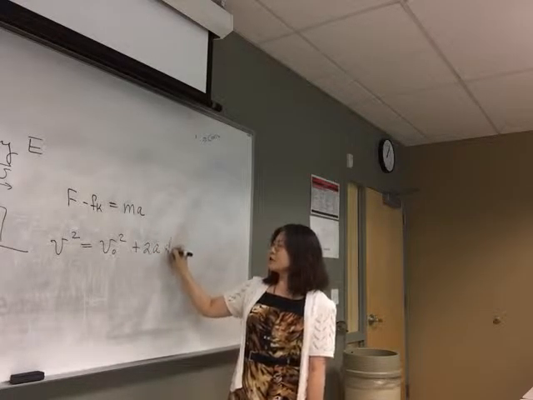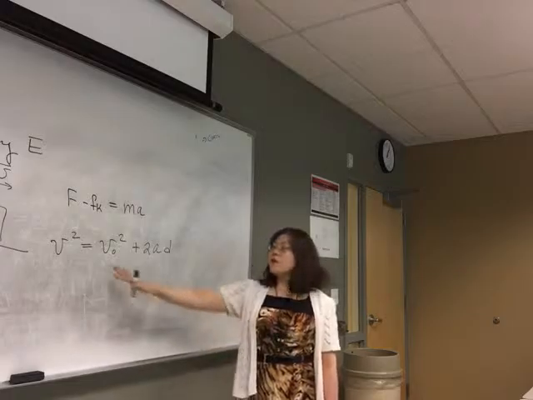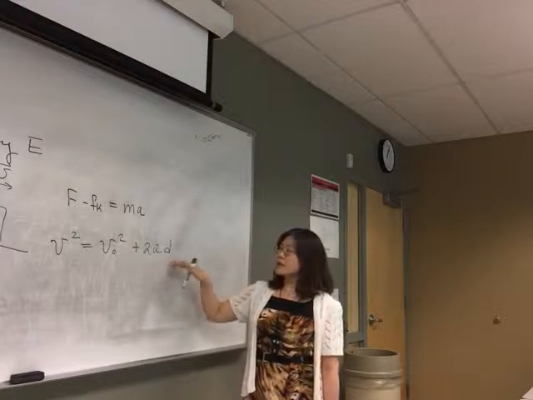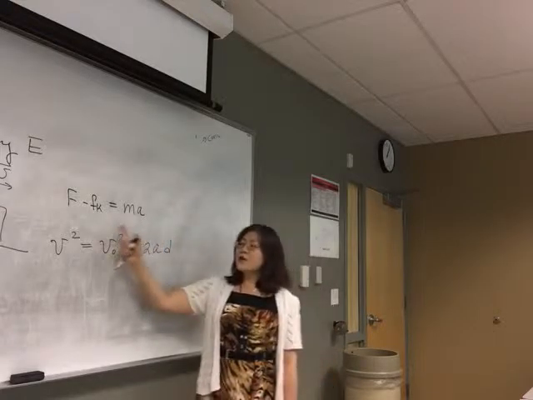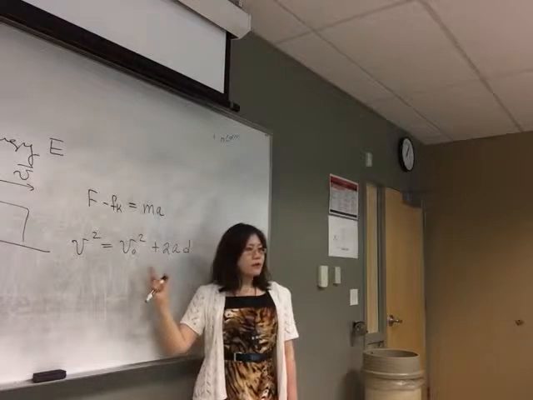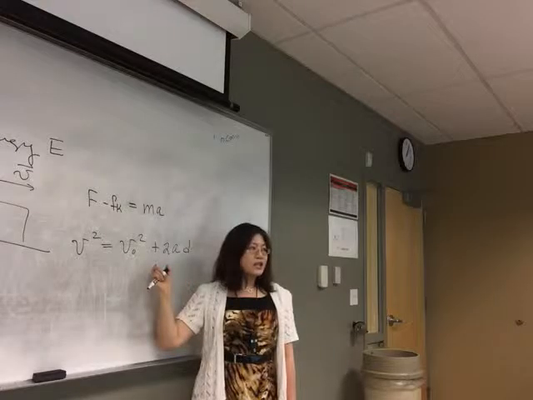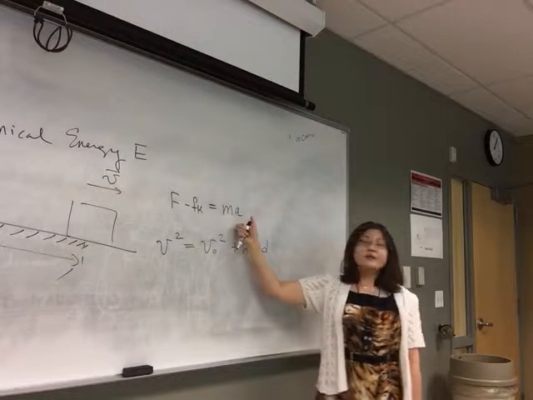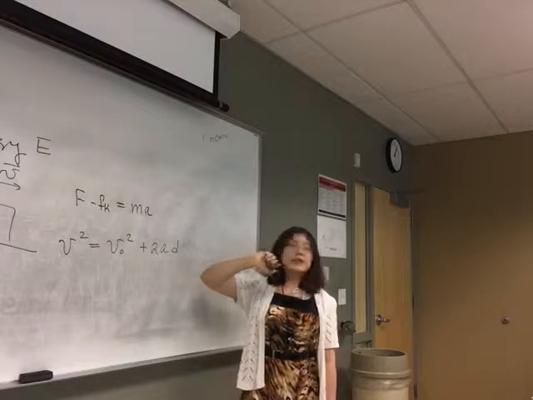In this case, that's just d, right? So final velocity squared is equal to initial velocity squared plus 2a times d. This is the equation as usual. Nothing magic, that's from chapter 2. And this gives us the acceleration.